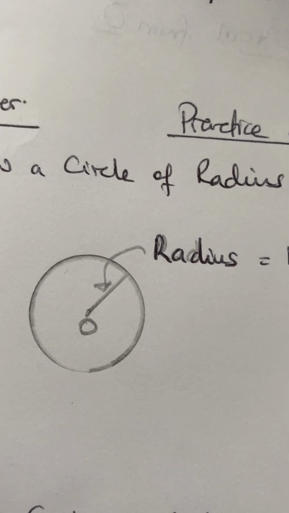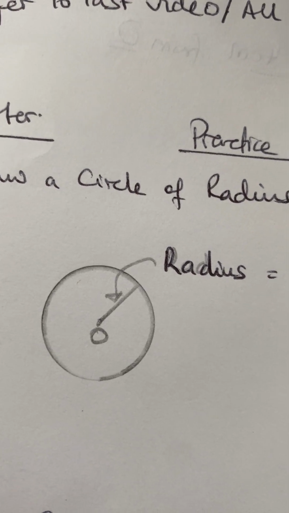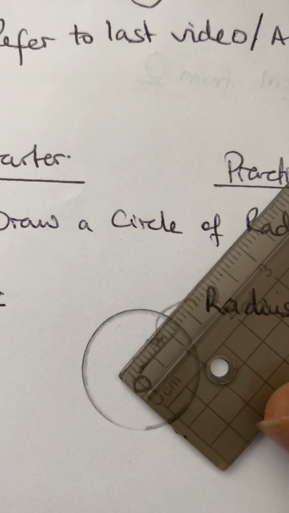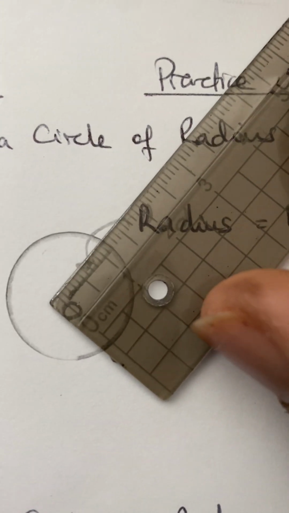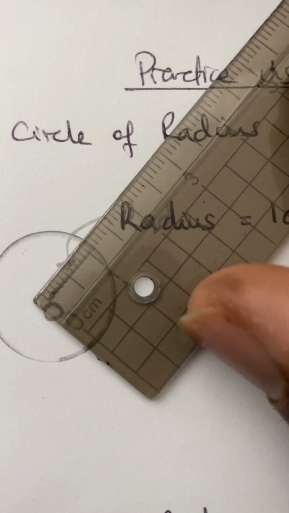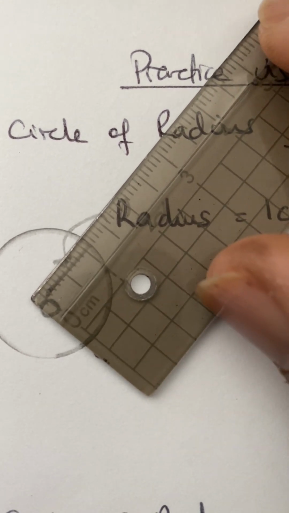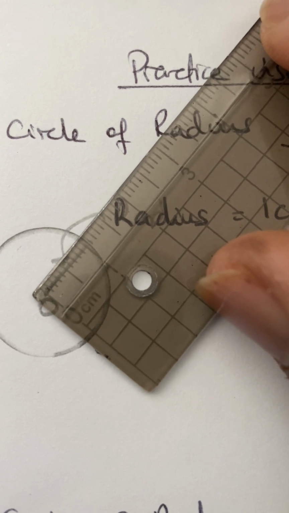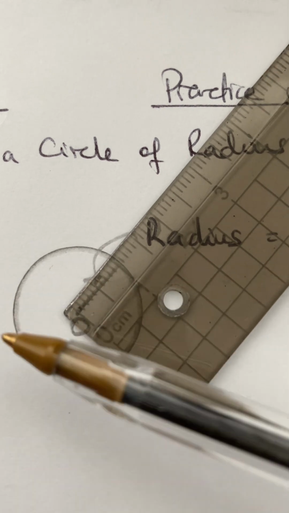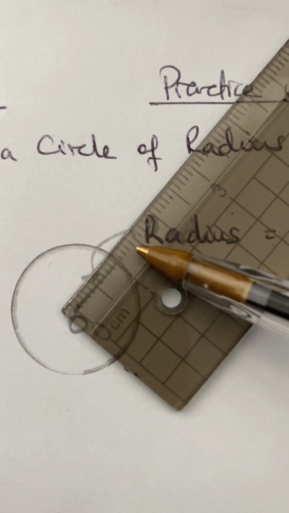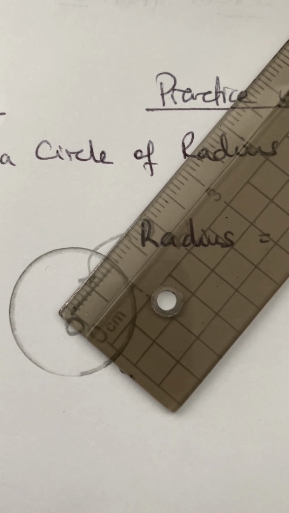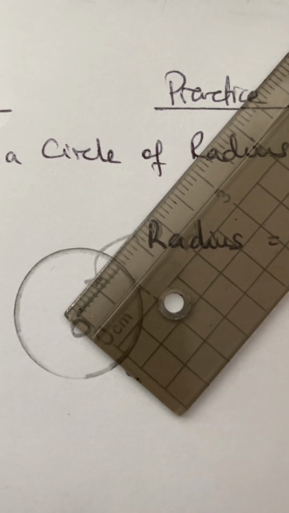So if you can see 1 centimeter here, let's zoom in, okay, there, 0 to 1, as you can see. So I measured 1 centimeter using the compass, and then I drew the circle.